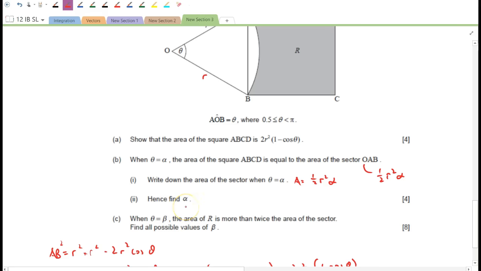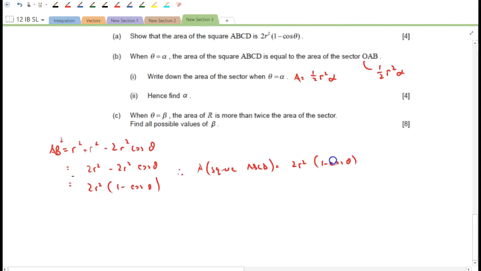Hence, find alpha. So alpha is going to be where the area of the square is equal to the area of the sector. So what we're going to do for part B is say that 1/2 R squared alpha is equal to 2R squared (1 minus cos alpha).